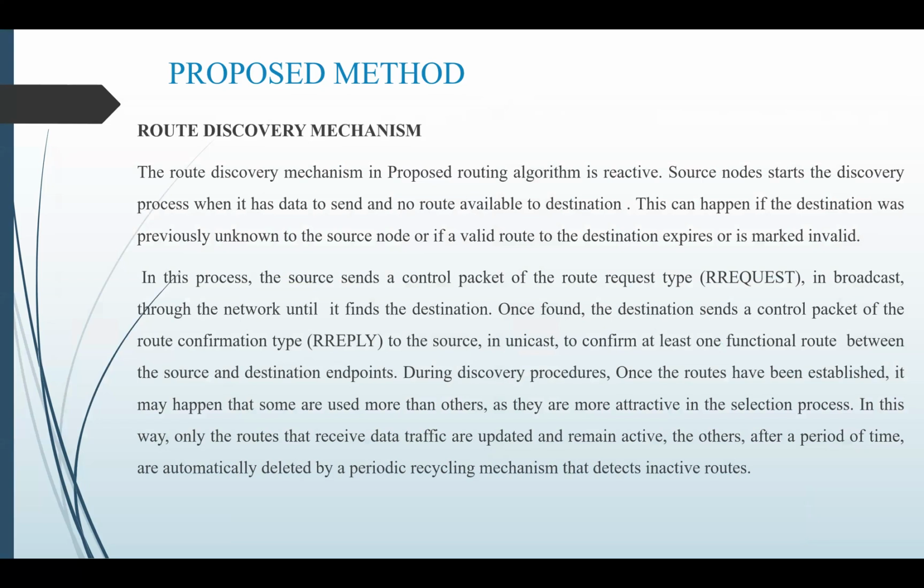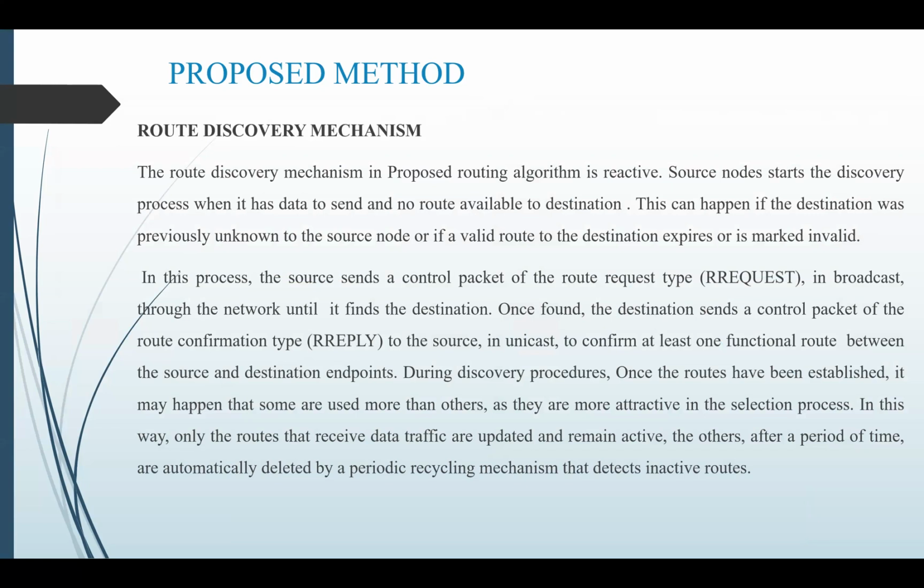Route discovery mechanism. The route discovery mechanism of the proposed routing algorithm is reactive. The source node starts the discovery process when it has data to send and no route available to the destination. This can happen if the destination was previously unknown, or if a valid route to the destination expires or is marked invalid.